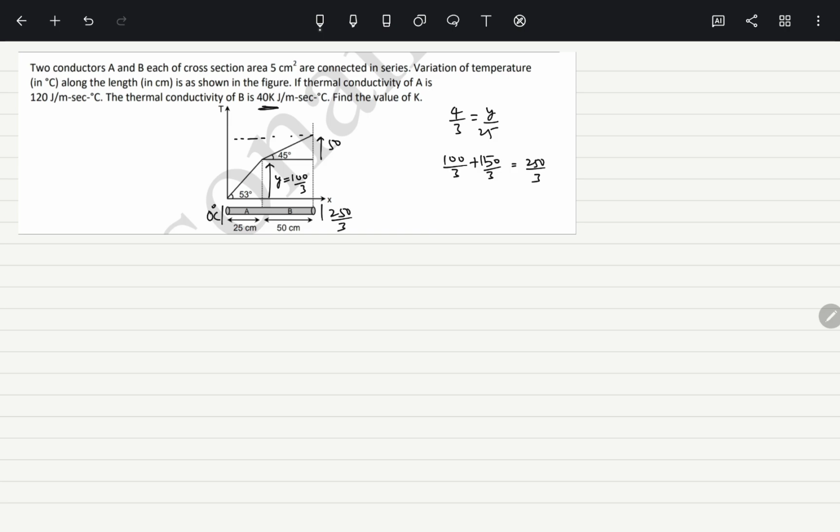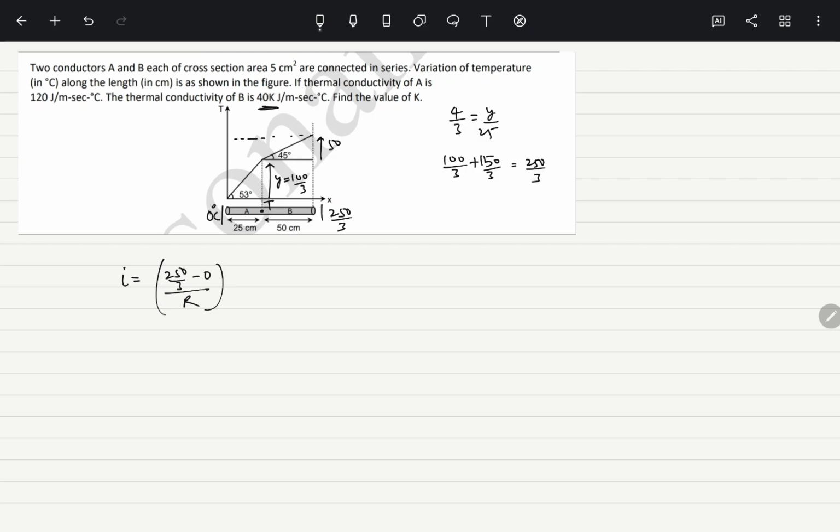Now we know the temperature difference, so we can calculate the current here. Current is equal to the temperature difference, which is 250 by 3 minus 0, upon the total resistance. That is the current, and it will be the same here. We need to find the temperature at this point, right? So we can compare it with the resistor here. The current is going to be the same.